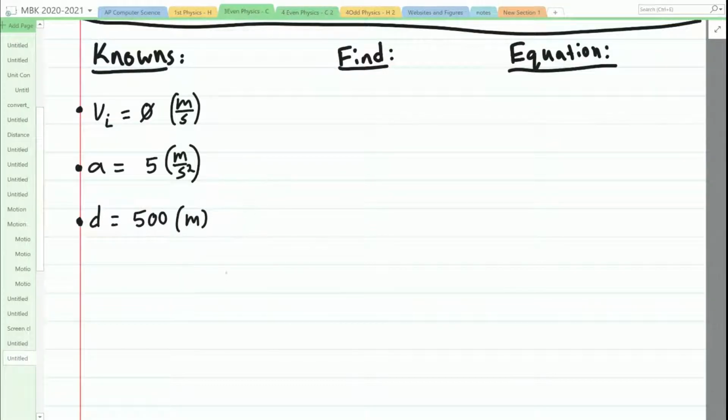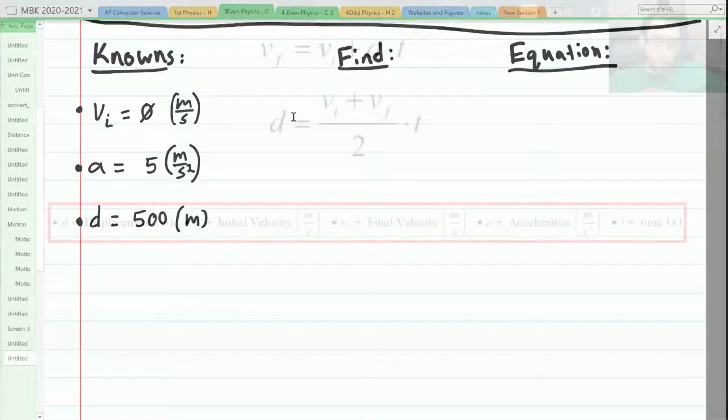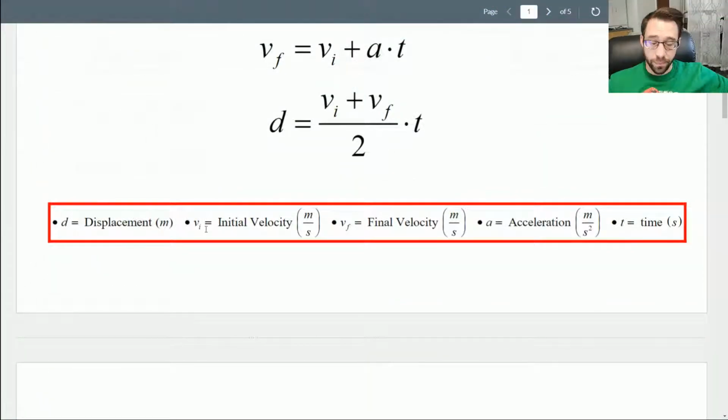So that's in meters, so I don't have to change that. Velocity has to be meters per second, and acceleration has to be meters per second squared. And that's what I've got over here. Velocity, meters per second. Acceleration is meters per second squared.